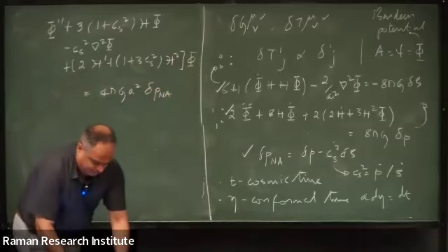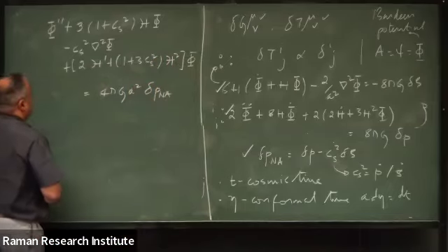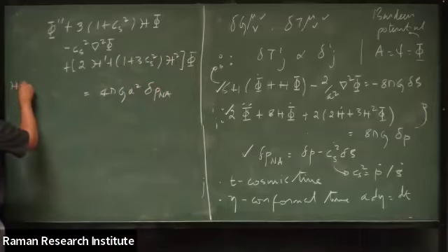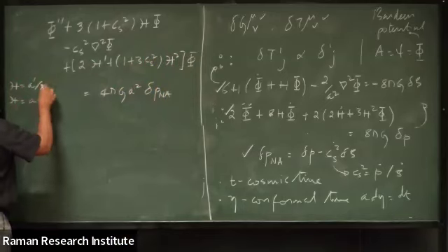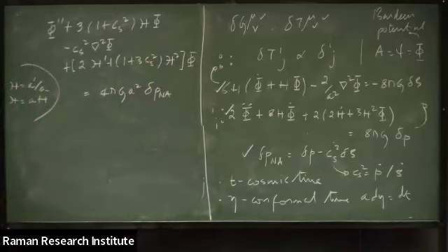So what is script H? It's often referred to as the conformal Hubble parameter. Script H is equal to a times your standard Hubble parameter. Okay? Yes.